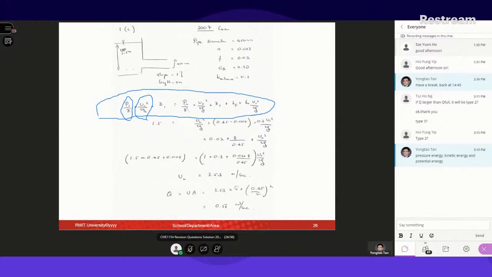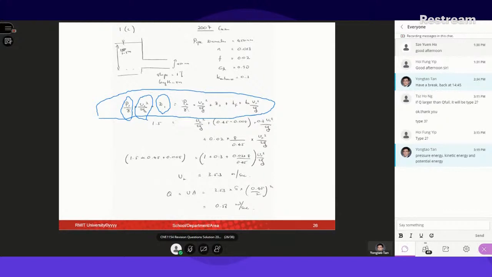Z represents potential energy, meaning from high elevations to low elevations the potential energy is reduced. The sum of these three energies remains constant.